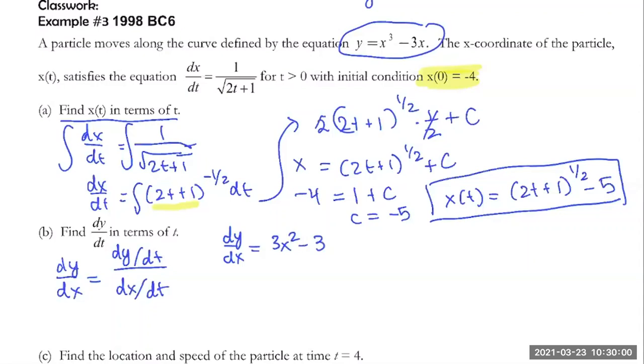If I read the question, it says, find dy/dt in terms of t. So I'm going to keep going with this. I have dy/dx, that's one of my knowns. So 3x squared minus 3 is equal to, what I'm trying to solve for is dy/dt. What I also have is dx/dt, which is, sorry, I keep thinking that's a negative, it's just 1 over the square root of 2t plus 1.